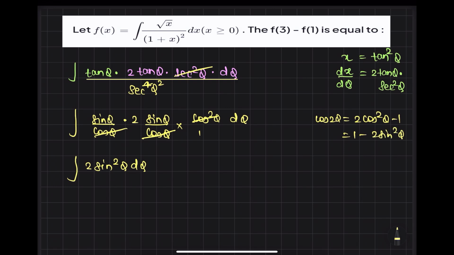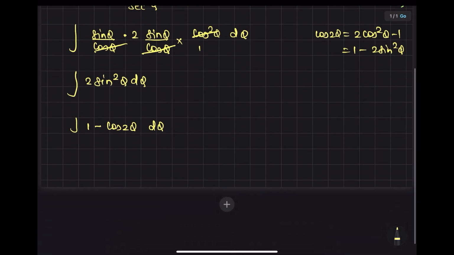From here, 2 sine square theta is nothing but 1 minus cos 2 theta d theta. Now you can handle integration. The integration of 1 is theta. The integration of cos 2 theta is sine 2 theta by 2, plus integration constant c.